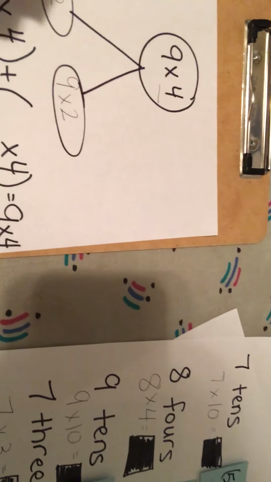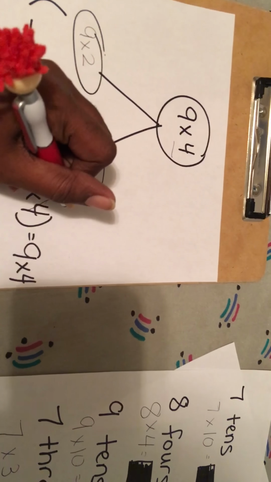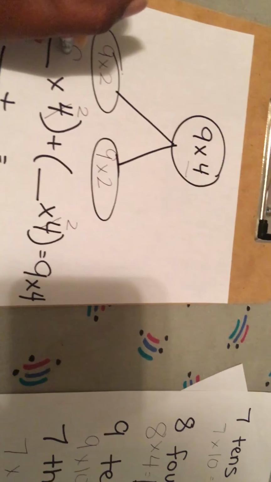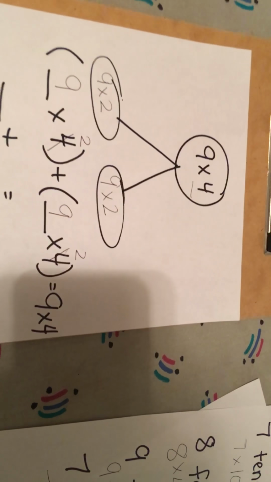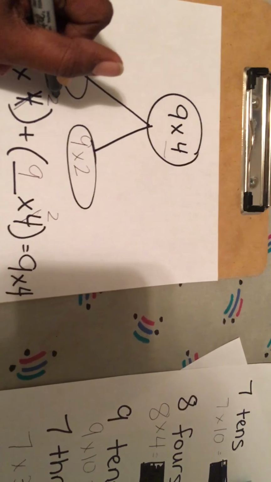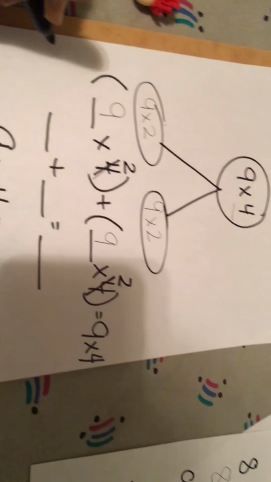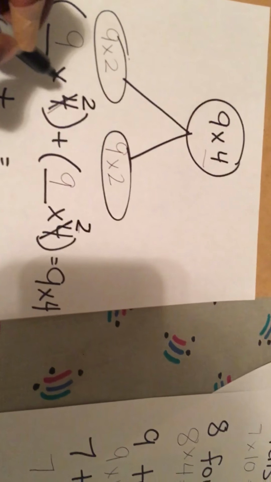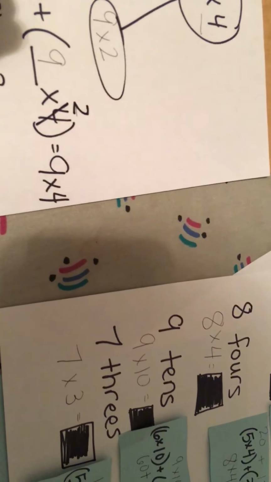I did the wrong number, guys, so bear with me here. This one should be 2, and that one should be 2. I should have left my 9 there. So I'm going to do 9 times 2 and 9 times 2. Well, 9 times 2 gives me 18, and 9 times 2 gives me 18. So 18 plus 18 gives me 36. So 9 times 4 is 36.